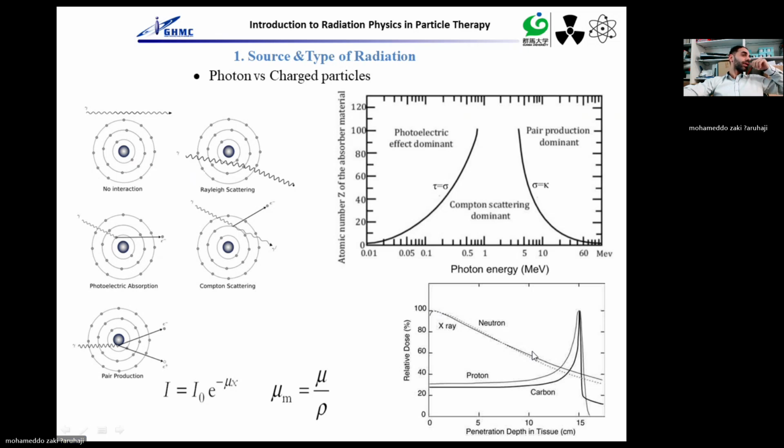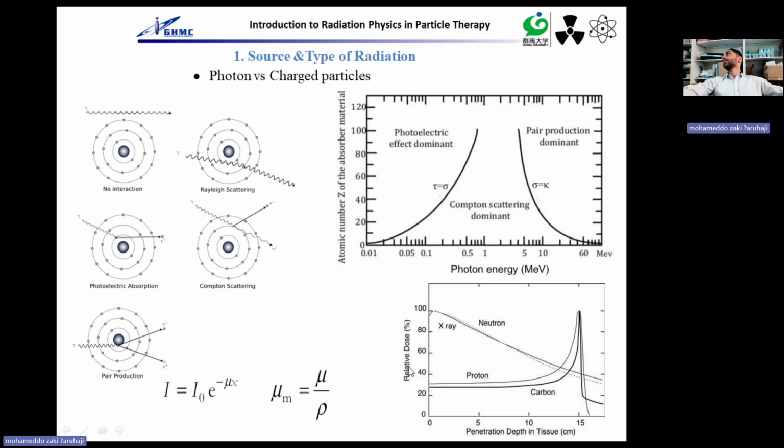However, in its path, when those interactions happen, it will produce charged particles, it will produce electrons. Now, these electrons, the charged particles, can be used to treat tissues or cancer or toxic cells.